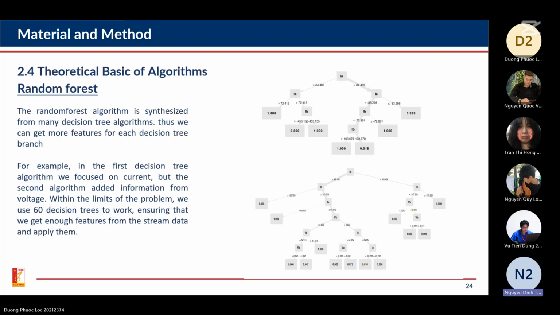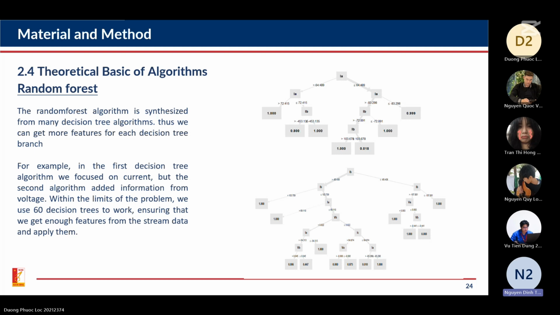Here, slide 24 presents two of the trees of the random forest. The random forest is synthesized from many decision tree algorithms. Thus, we can get more features for each decision tree branch.